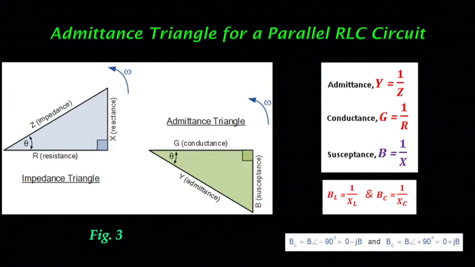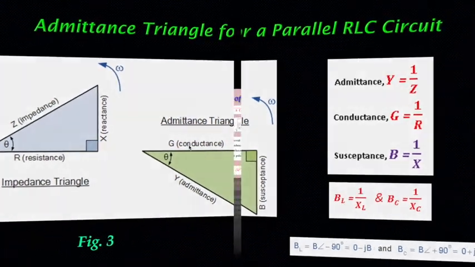Similarly, in a parallel RLC circuit, admittance Y also has two components, conductance G and susceptance B. This makes it possible to construct an admittance triangle that has a horizontal conductance axis G and a vertical susceptance axis jB, shown in figure.